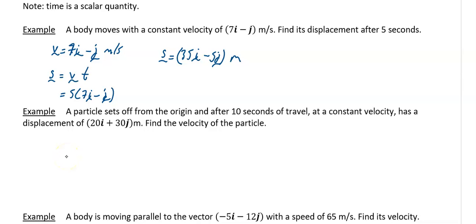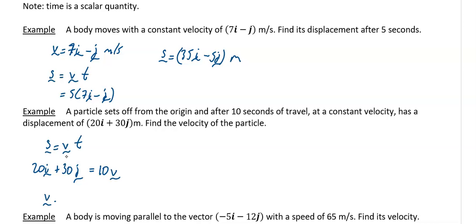Next example says a particle sets off from the origin and after 10 seconds of travel at a constant velocity has a displacement of 20i plus 30j. Find the velocity of the particle. Okay, so it's a constant velocity, so s is equal to vt, and you know s is equal to 20i plus 30j, and that's equal to time, which is 10, times v.